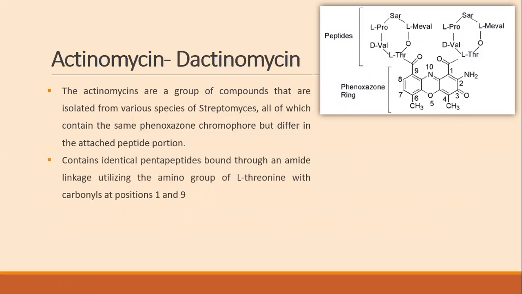It contains identical pentapeptides bound through an amide linkage utilizing the amino group of L-threonine with carbonyls at positions 1 and 9. So at positions 1 and 9 of the phenoxazone ring system, the peptide chain is attached to L-threonine via a carbonyl bond.